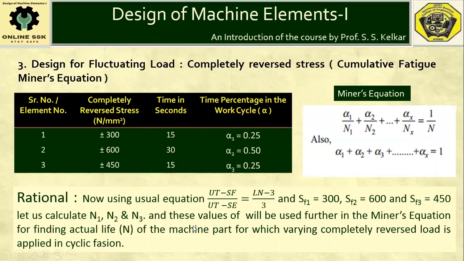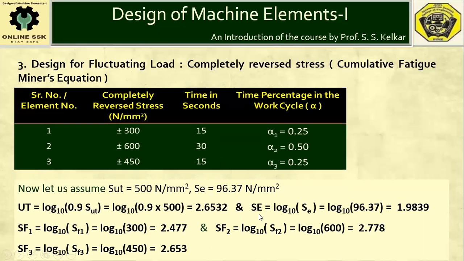Now here the same thing has been shown. For understanding purpose, let us assume SUT in a particular case was 500 and AC was 96.37 Newton per millimeter square.